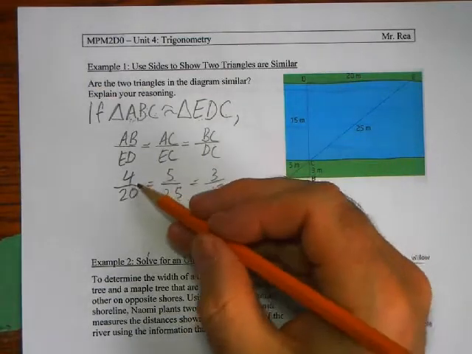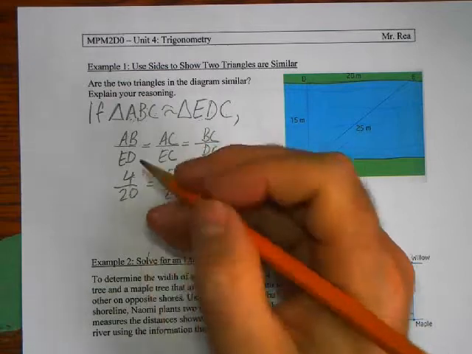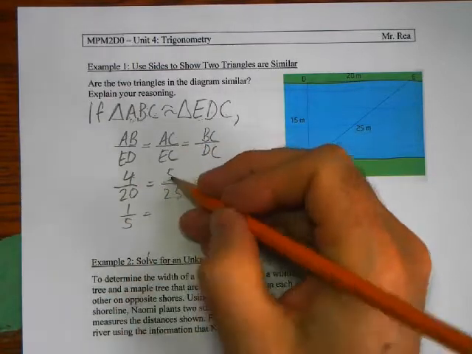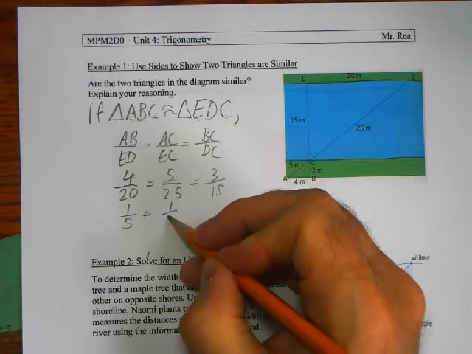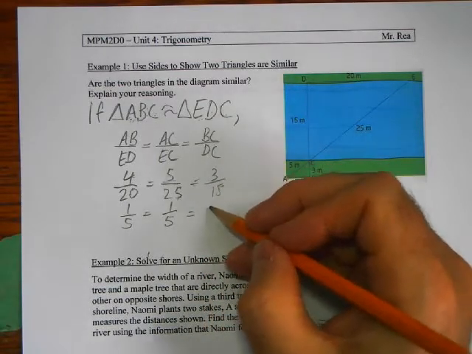For example, the 4 over 20, I can divide both top and bottom by 4. I get 1/5. Same thing here, I can divide both of these numbers by 5. When I do that, I get 1/5. When I divide these by 3, I get 1/5.